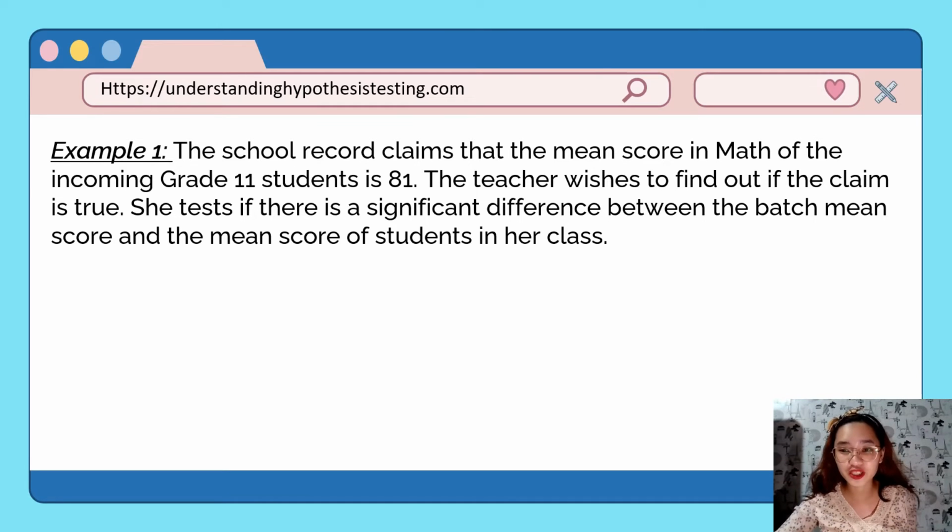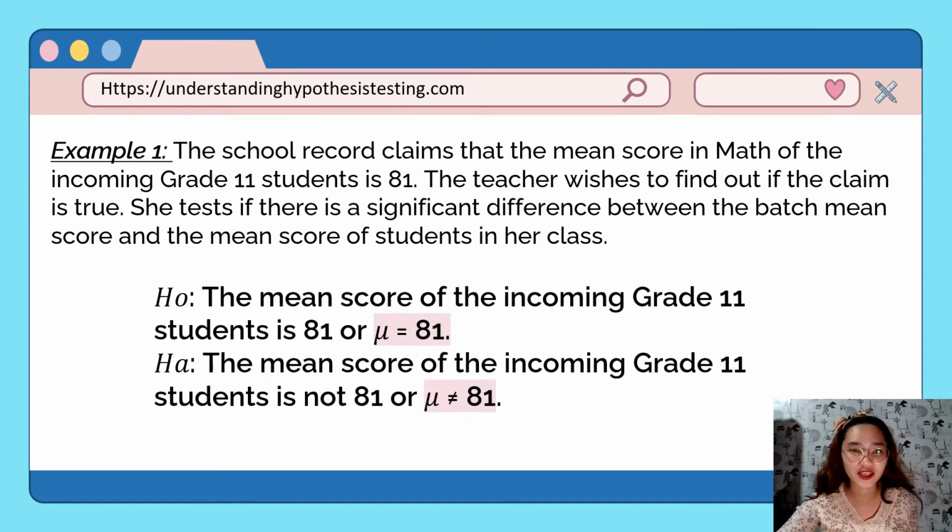Yan. So, yung magiging hypothesis natin dito ay, yan, ang null hypothesis natin is the mean score of the incoming grade 11 students is 81. Ayan yung initial claim natin. Ito yung previous na data natin. Ayan, yung galing kay school report. And in simple, that is mean equal to 81.